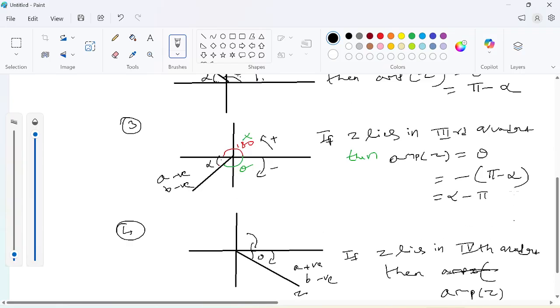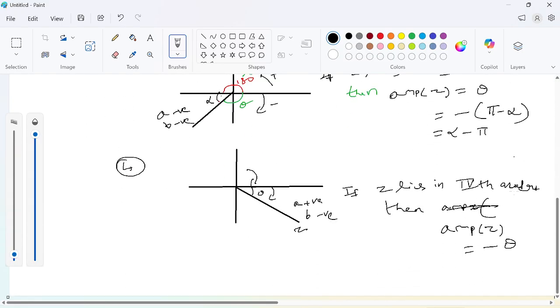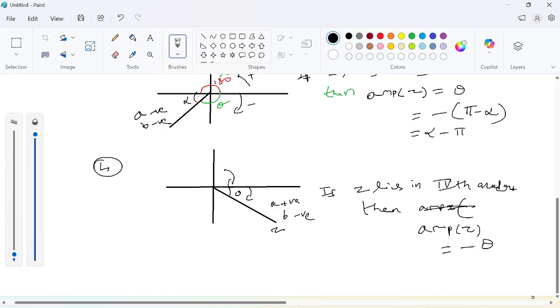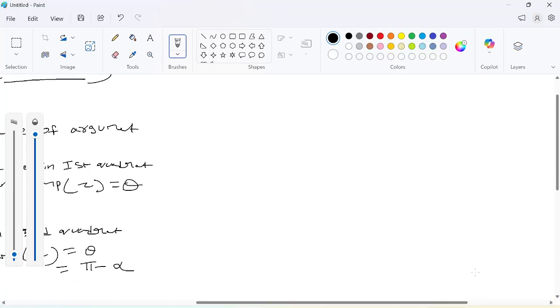Now, whenever they say argument, it means the principal value of argument. If they give the general argument, you have to use 2n pi plus that angle. If they ask amplitude, it also means the principal value of argument. Now let us see one or two examples.